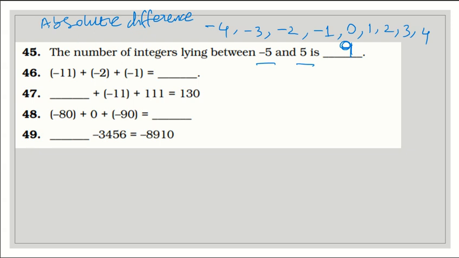Absolute difference is just the positive difference, and further subtract 1, that will give how many integers are there. Now if you want to find the positive difference between them, the bigger one is taken as the minuend and the smaller one is taken as the subtrahend, and this is the absolute difference.